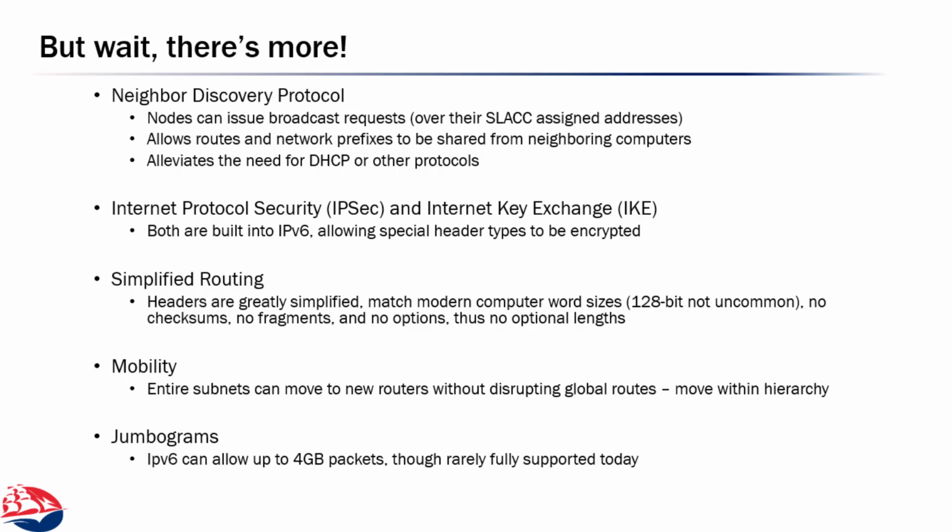Internet Protocol Security, or what's called IPsec, and IKE, the Internet Key Exchange, are both built into IP6, and they allow special header types to be completely encrypted and decrypted between routers. And so it's possible that as a frame is moving from one router to another router, there can be a key between those two routers, and those communications can be encrypted between them.